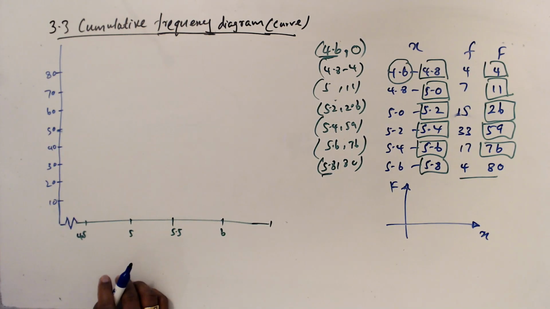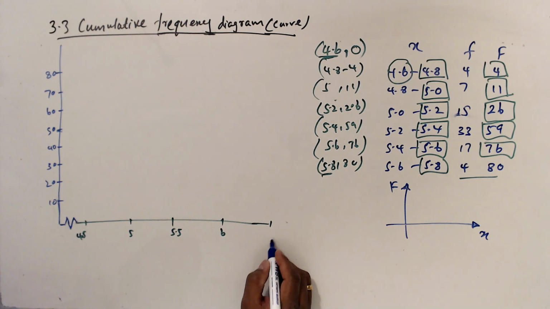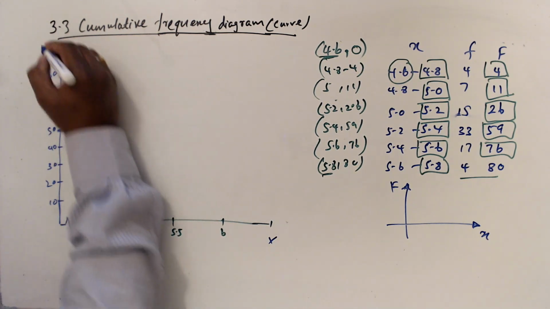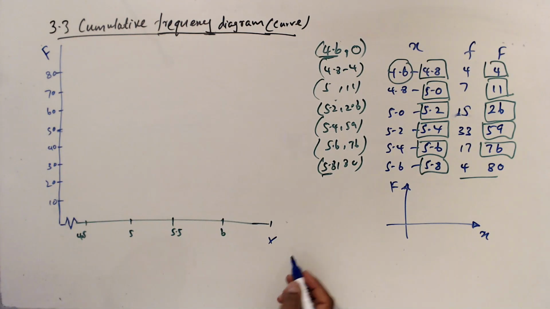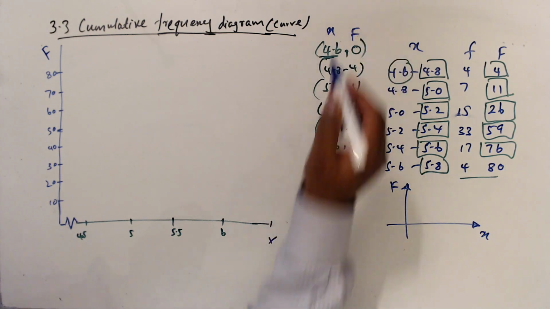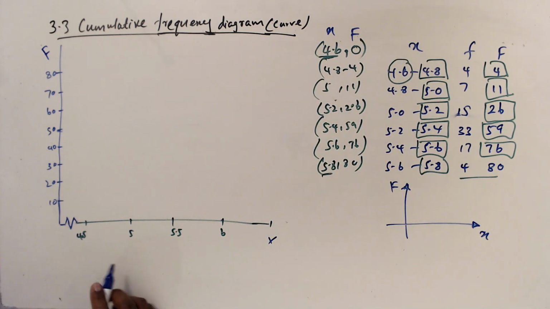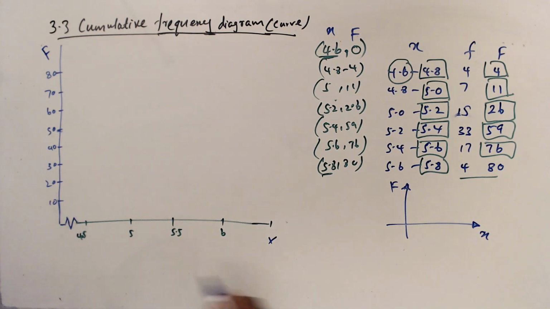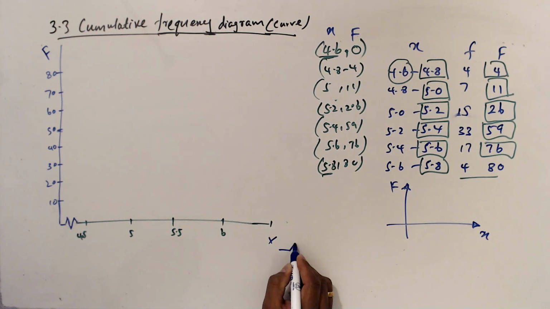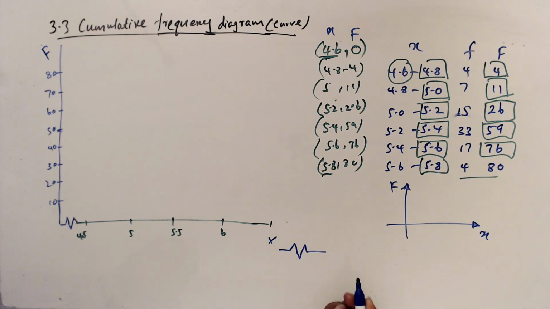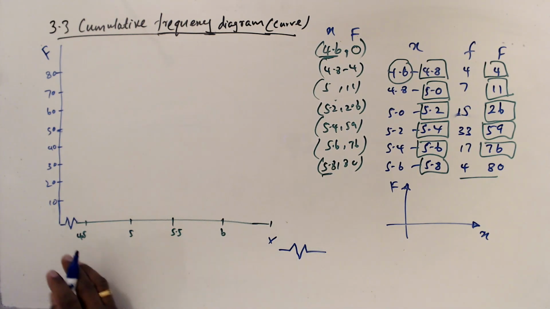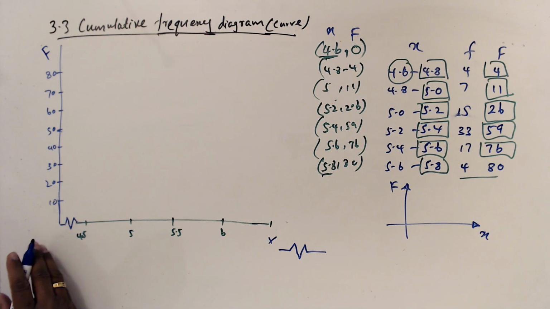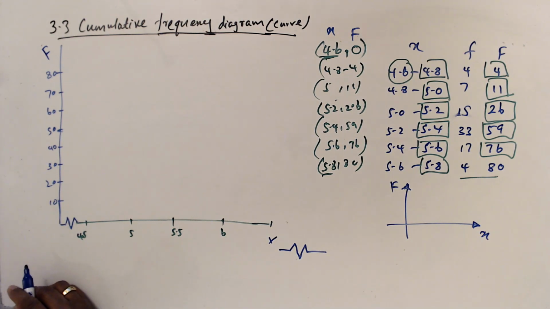Now I draw the x-axis and the cumulative frequency axis. I use this break symbol because I don't want to write from 0, 1, 2, 3, the previous numbers.